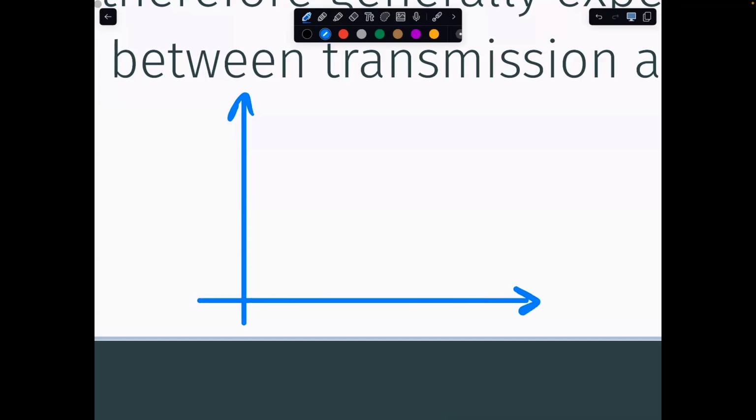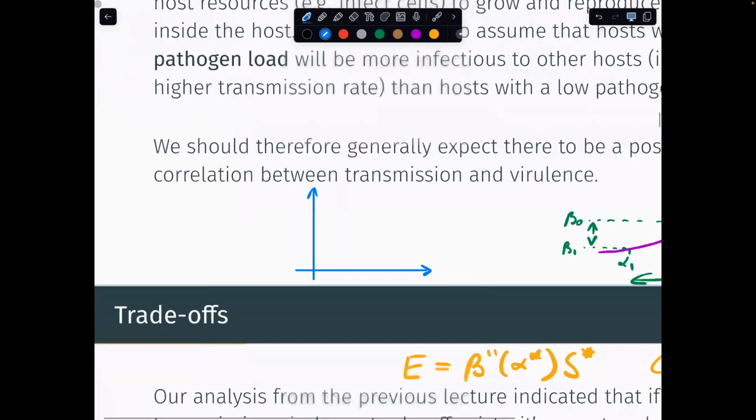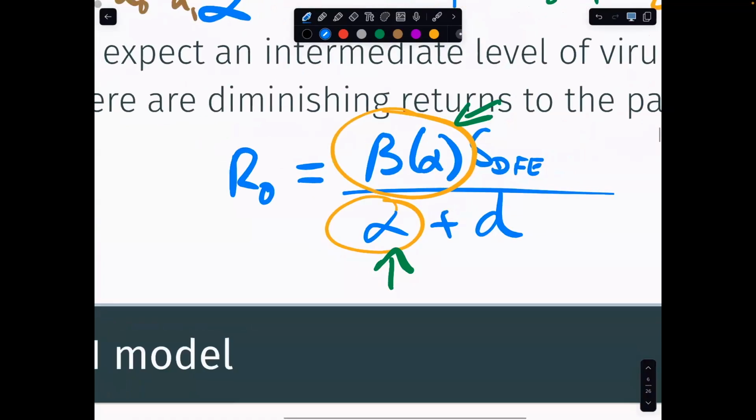And so people have argued before that pathogens should always evolve to be less virulent. But they haven't thought about what trade-offs might exist. Okay, so if there was no trade-off, I'll just go back up to here actually. If this beta of alpha was just a constant, if we just had beta on here, you would expect alpha to evolve to zero, right? Because this will maximize R naught.